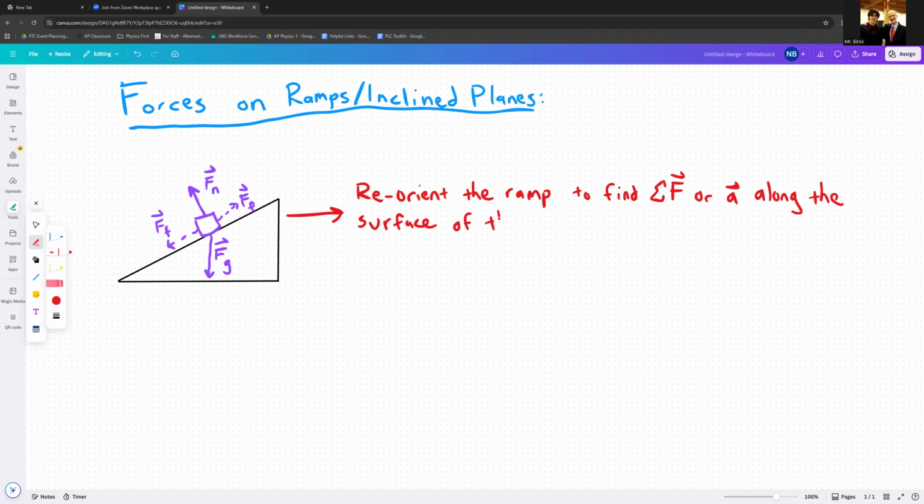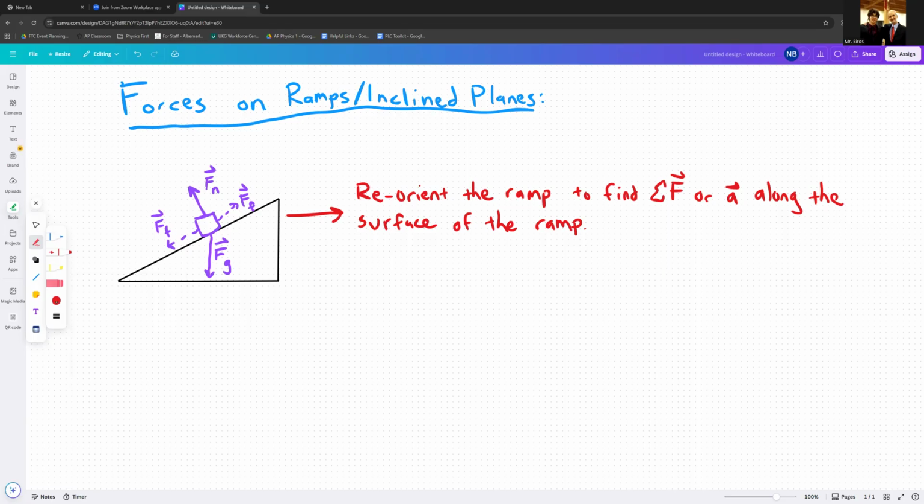And occasionally, we might be interested to some degree in the forces acting directly into the surface or directly up from the surface of the ramp, like normal force, for example. But for the most part, what we're most interested in is accelerations, forces, even something like the velocity, whether it's speeding up or slowing down, and how fast it's going. We could do that along the surface of the ramp.